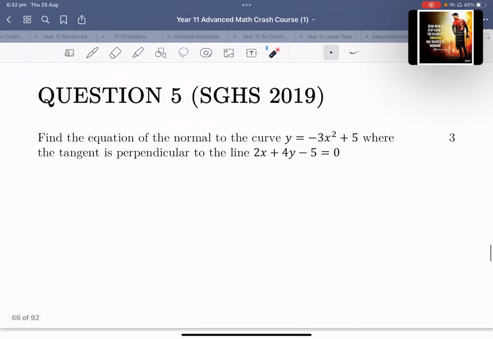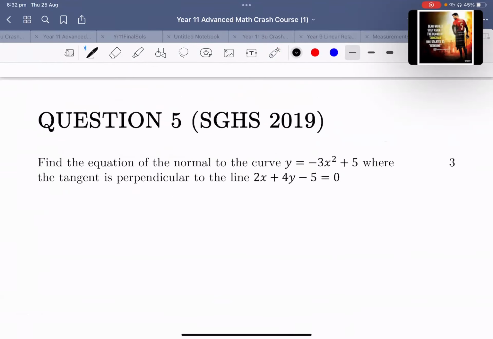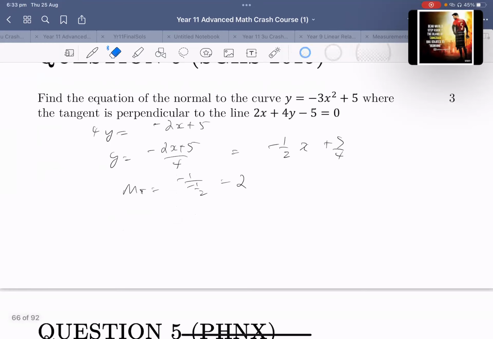Let me see if this works now. Right. And that works now.